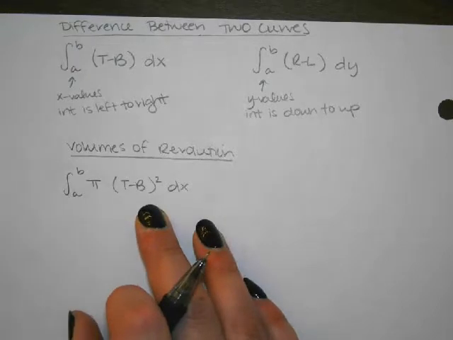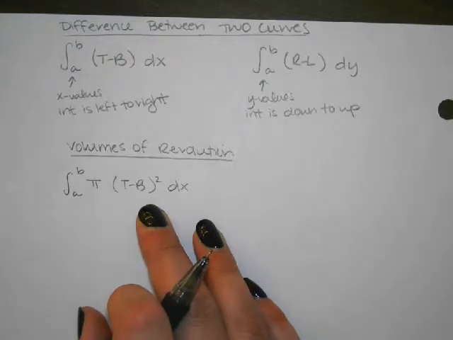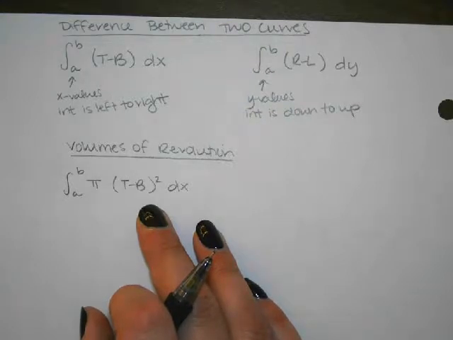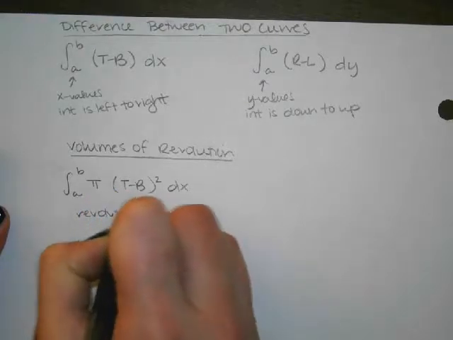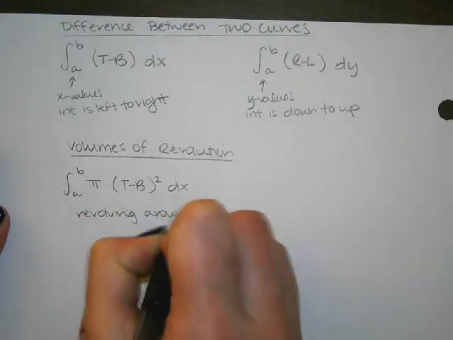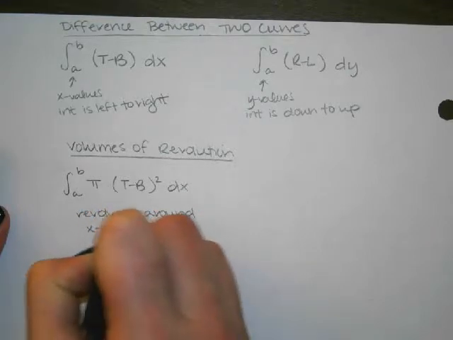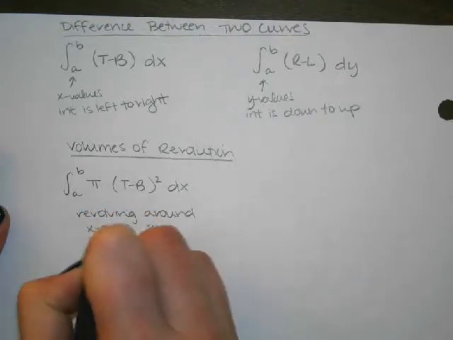And what do they tell us in the problem about the axis of revolution if this should be in terms of x? It's around the x-axis or a horizontal line. Okay, so revolving around the x-axis or horizontal line.